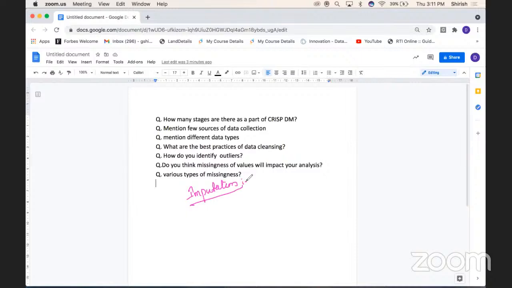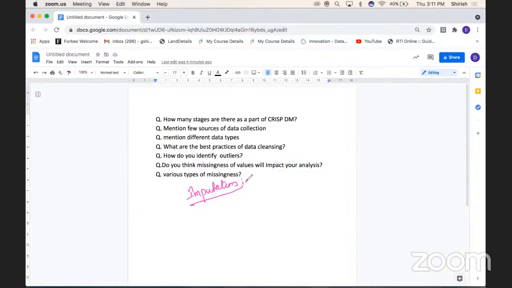You do imputation, whether it is mean imputation, median imputation, mode imputation, hot deck imputation, regression based, or KNN based. You can give a try with all kinds of imputations depending upon the type of data you have.